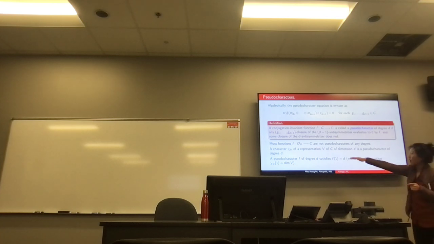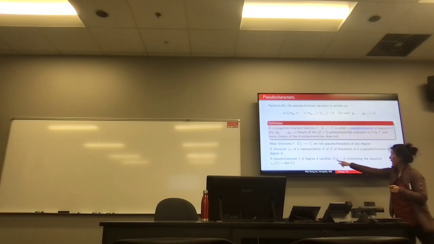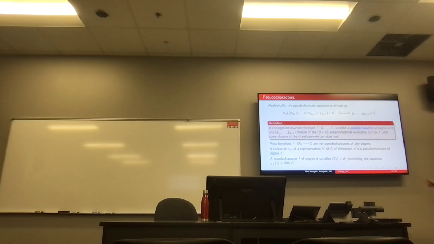A character of a representation of dimension d is a pseudo-character of degree d. And a pseudo-character F of degree d satisfies F of 1 is mapped to d. So we mimic the equation where chi of 1, the character of 1, is just equal to the dimension of V.